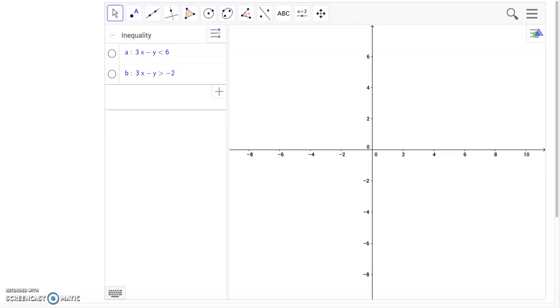Make sure to box in that solution region. Remember, the solution has to be where it makes both inequalities true.